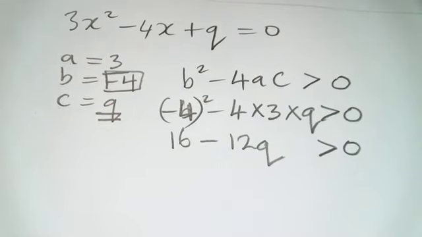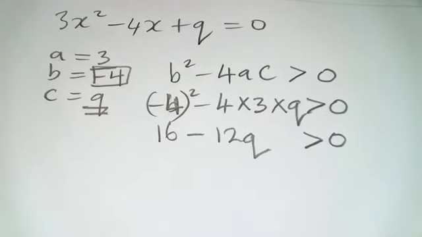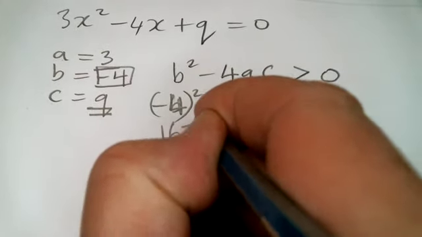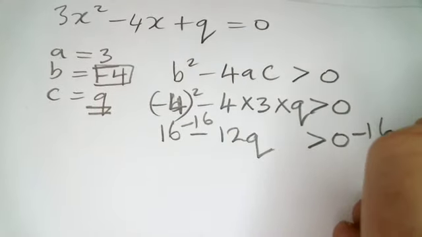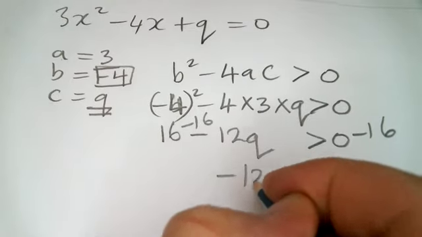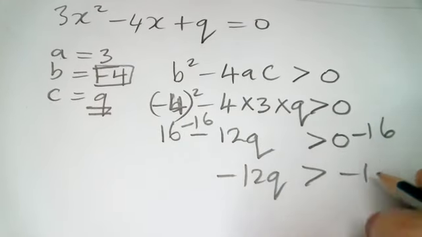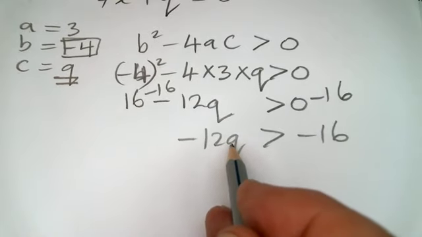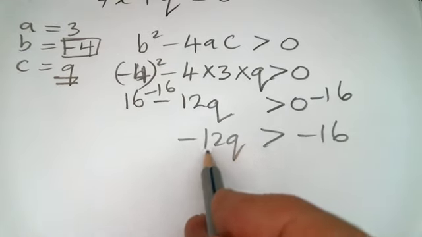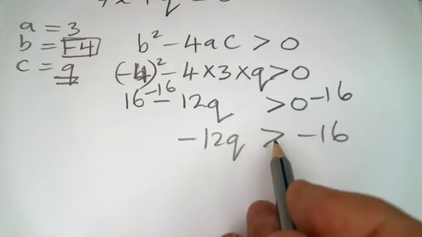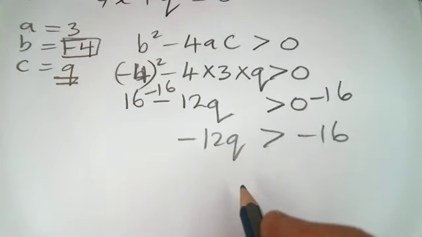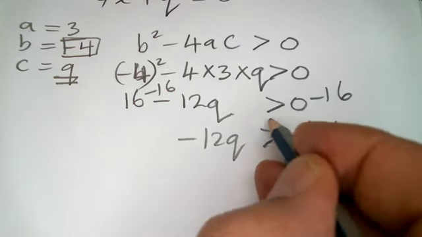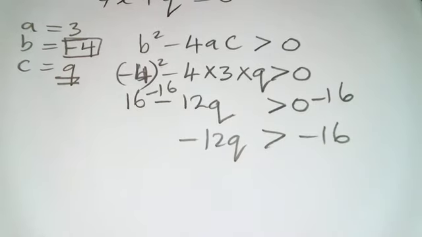All right, well, I want to make q the subject. I want to find the value of q. So I'm going to subtract 16 from both sides. So I've got negative 12q is greater than negative 16. But I want to find the value of q. Now, whenever you multiply or divide an inequality by a negative, you change the orientation of the inequality.